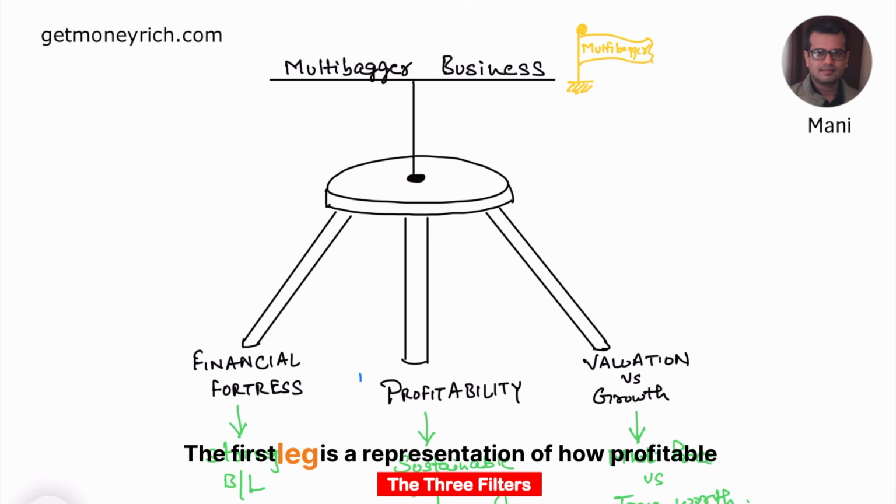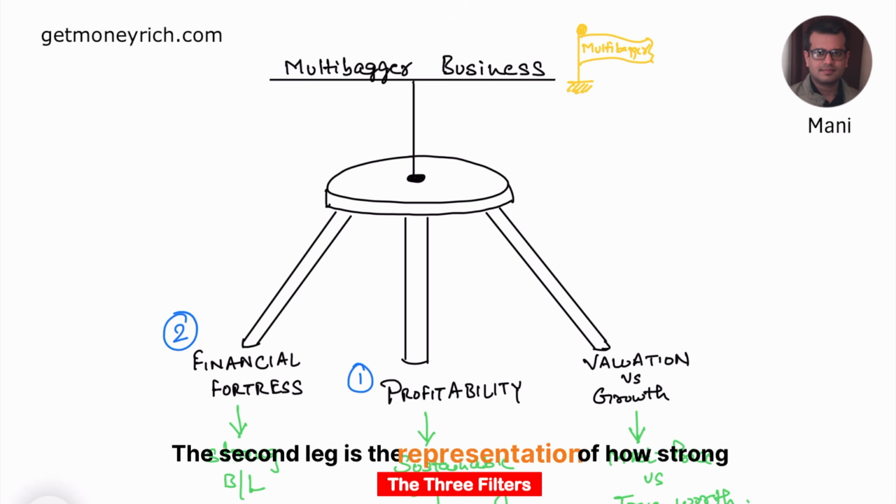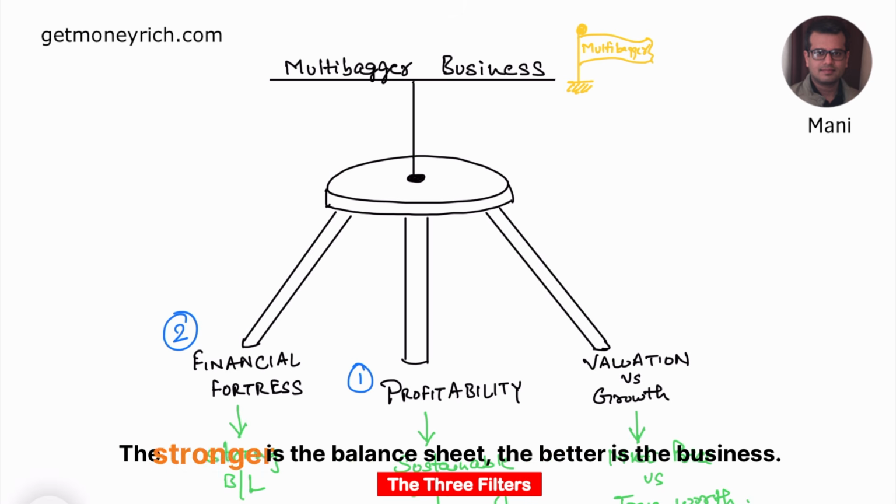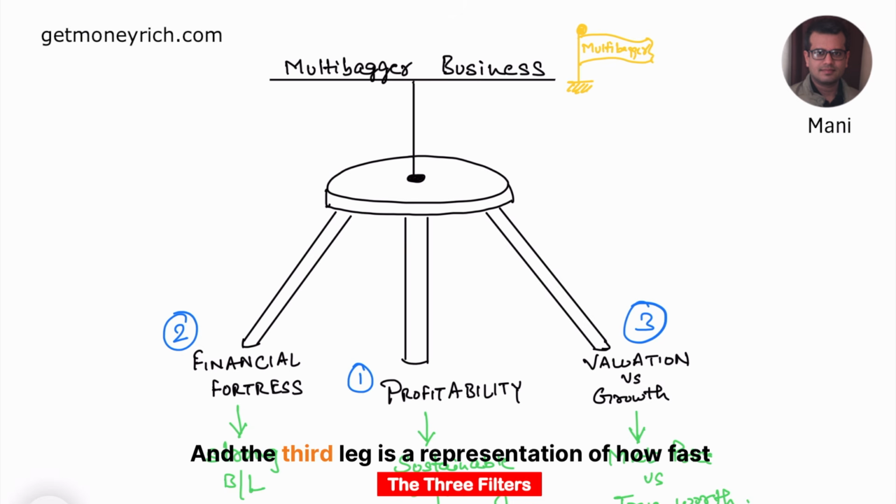The first leg is a representation of how profitable the business is. The second leg is the representation of how strong the company's asset base is, which we will find in the balance sheet. The stronger the balance sheet, the better the business. And the third leg is a representation of how fast the company is growing versus the value at which it is available for its shareholders to buy.